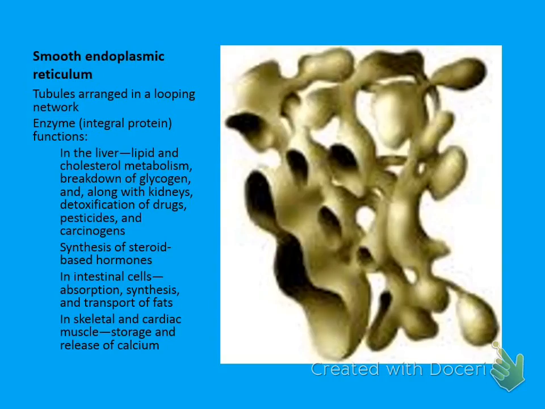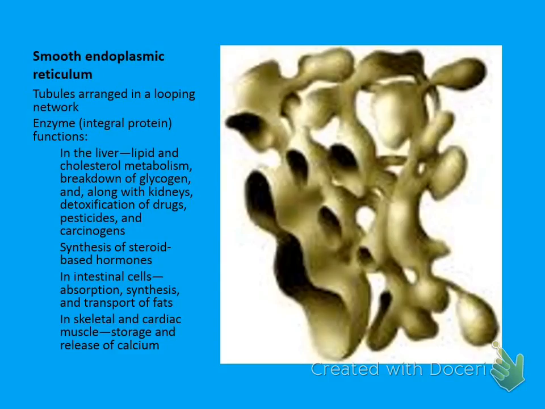In the liver, they help with cholesterol metabolism. They break down the glycogen, and they're more functional that way. They help detoxify drugs. And they also synthesize steroid-based hormones, like testosterone, in different cells. In intestines, they're there for absorption and synthesis of fats.